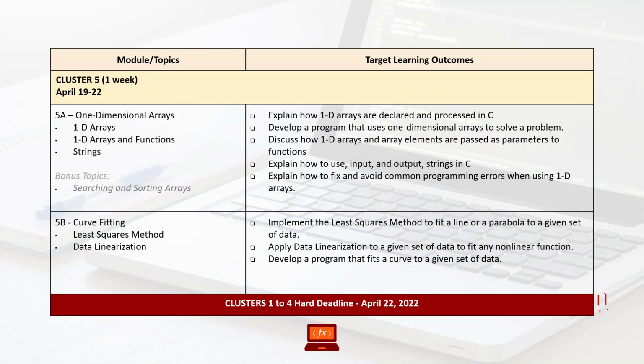Kasi ang first hard deadline natin is for clusters 1 to 4 lang, so basically half ng buong CE25. We'd like to have a hard deadline for all the clusters 1 to 4 by April 22, 2022. Okay?